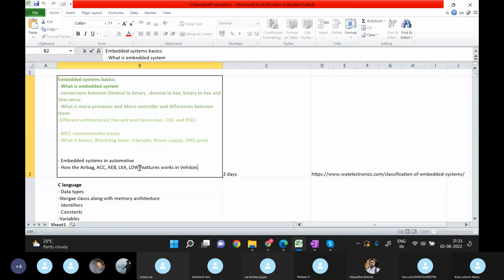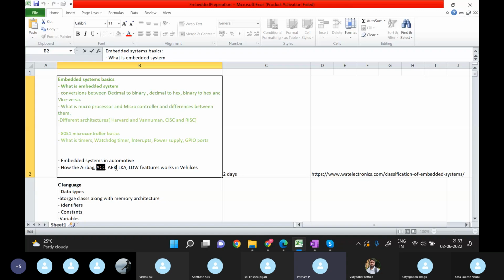ACC, AEB, LKA, LDW, all these things. LKA is lane keeping assist. What is AEB? LDW is lane departure warning. What is ACC? ACC, adaptive cruise control.